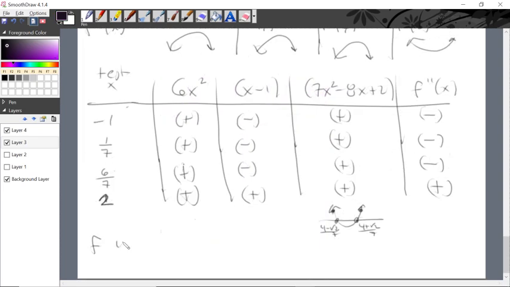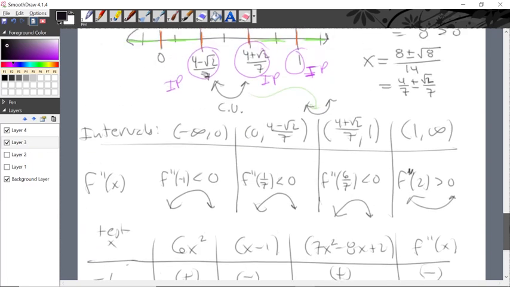Okay, so we have f is concave up on the interval from (4 minus root 2)/7 to (4 plus root 2)/7, and on the interval from 1 to infinity.